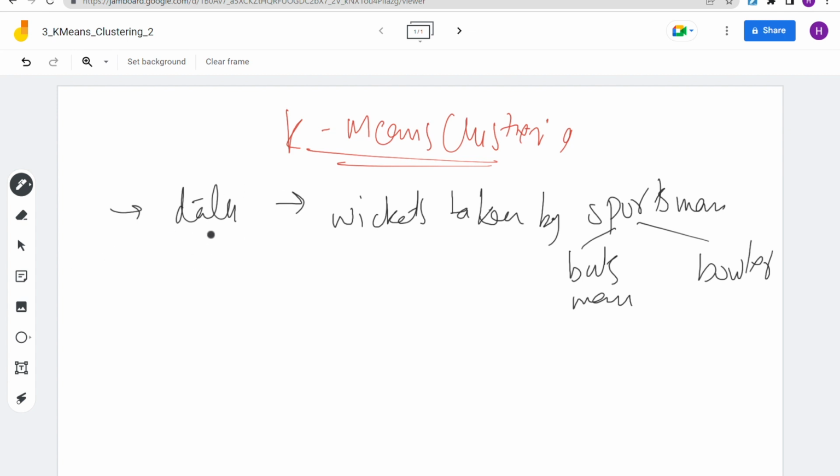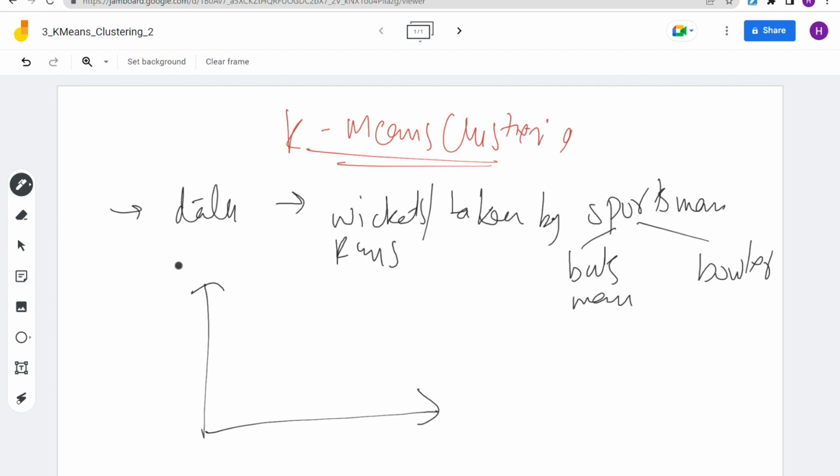We have to basically figure out which of the people in the data set are bowlers and which of them are batsmen. So let's say you have a data set, and let's say we have also one more parameter. Let's say we have to figure out the wickets and runs taken by sportsmen.